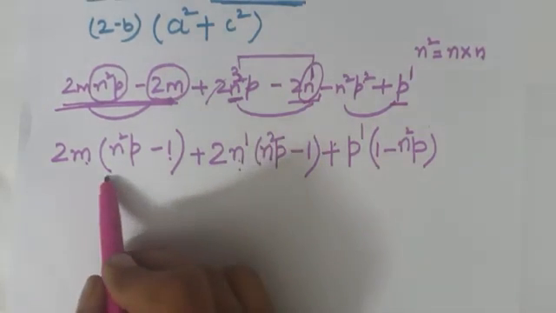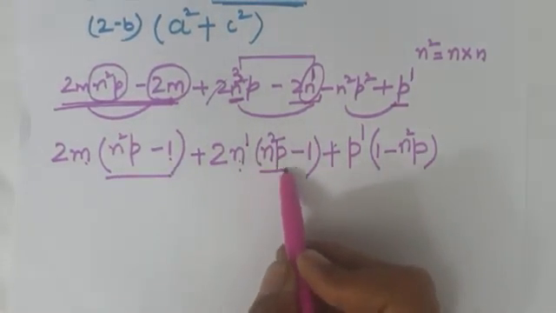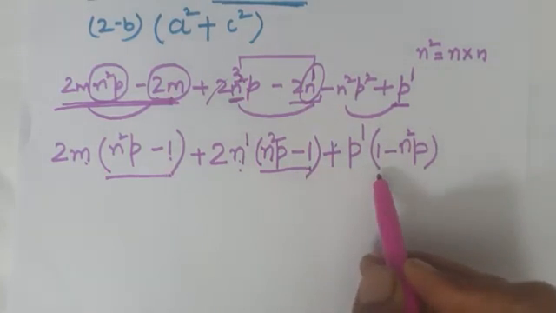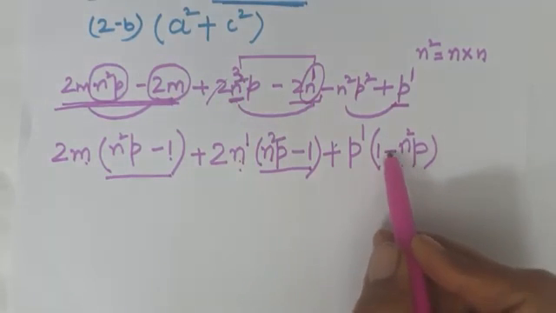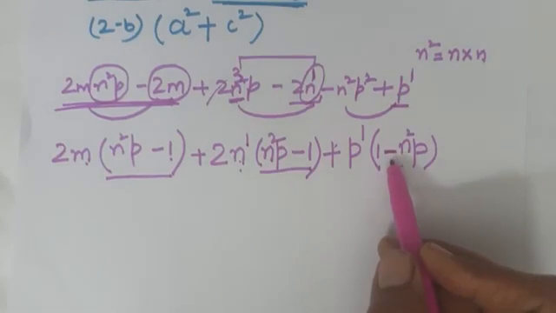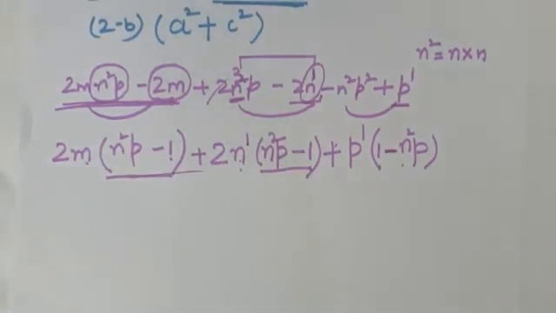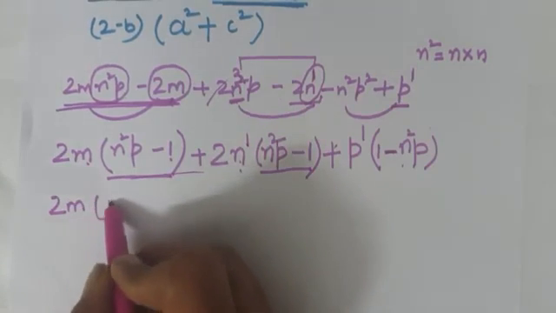This is n square p minus 1. This is also n square p minus 1. But this is 1 minus n square p. The sign negative should be here, not here. So what we will do to make all the brackets same, there is one way. See very carefully.